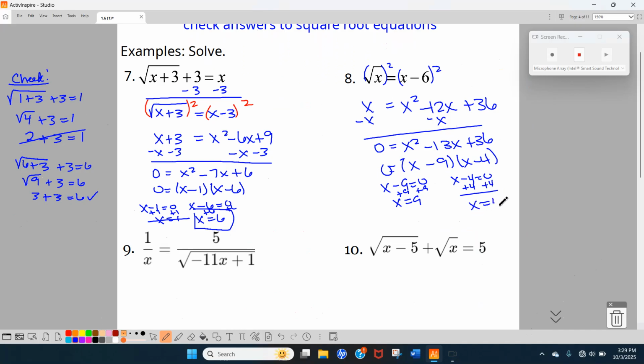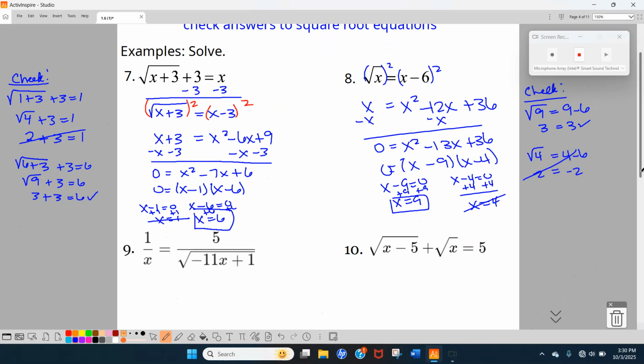And then also remember, make a mental note, a big old note in your notes, that you have to check the answers to a square root problem. So 9 works here. 4 does not.